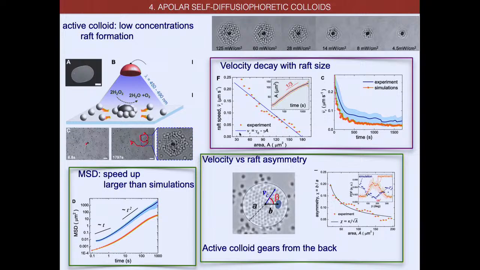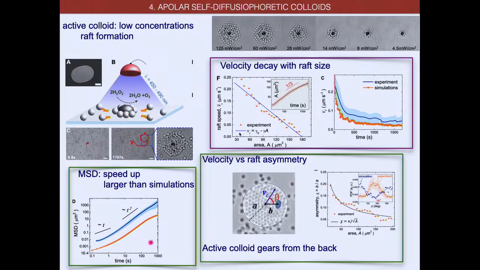With power, they favor that they are larger or not. So they can observe these clusters at different sizes, and they could measure for example, for the different sizes, the velocity decreases with size, and also if you look at one of them, the mean square displacement has a t squared, so at some point they propel.